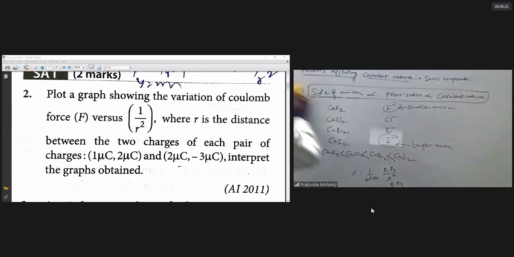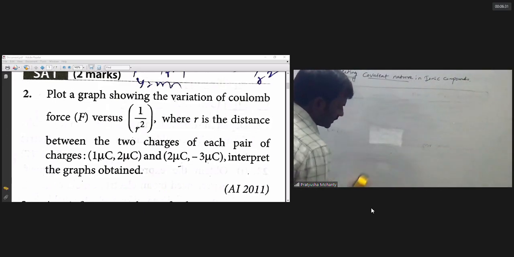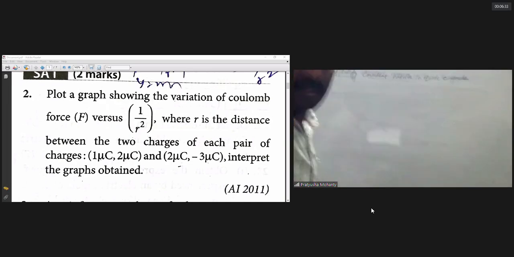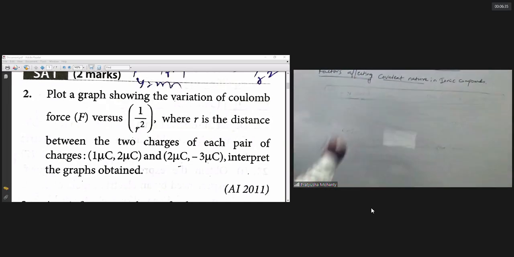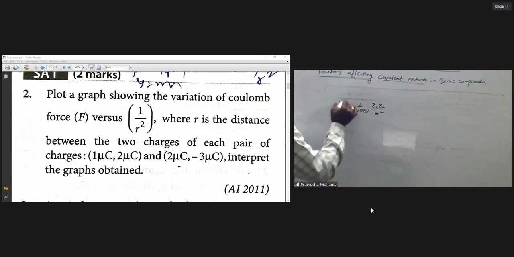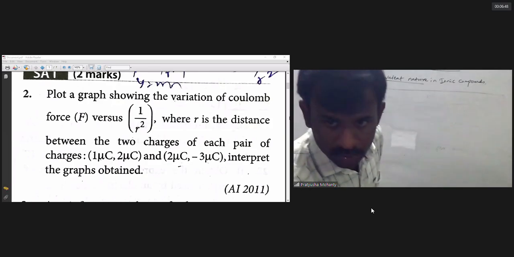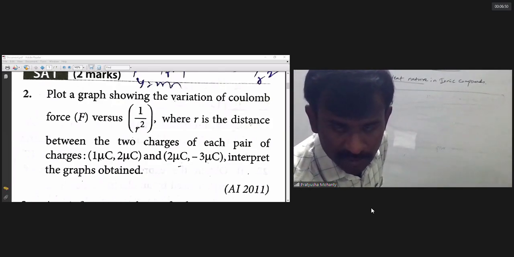I tell you the graphs, you just see. Whatever the force magnitudes, you can take both. F equals 1 by 4 pi epsilon naught 1 into 2 by r square. Modulus F is proportional to 1 by r square. First one 1 and 2, second one 2 and 3.